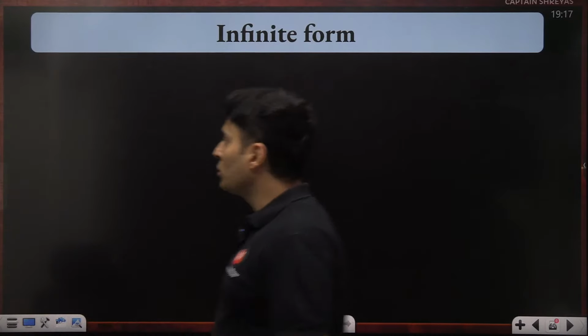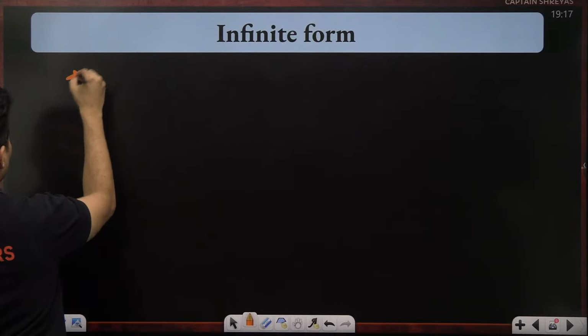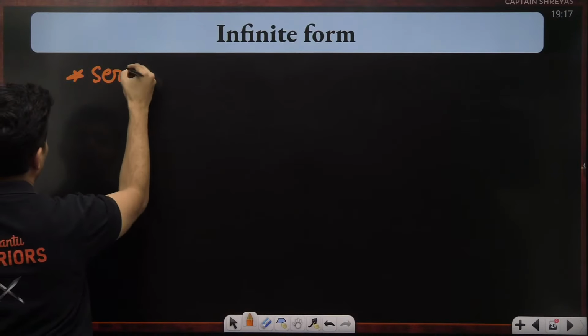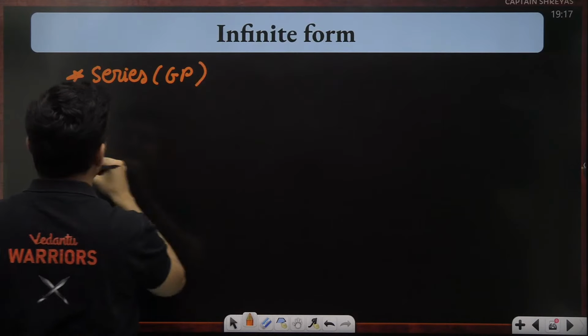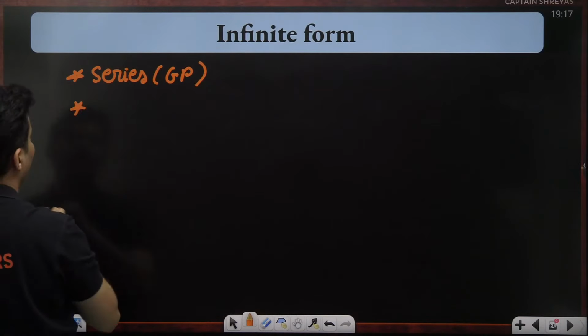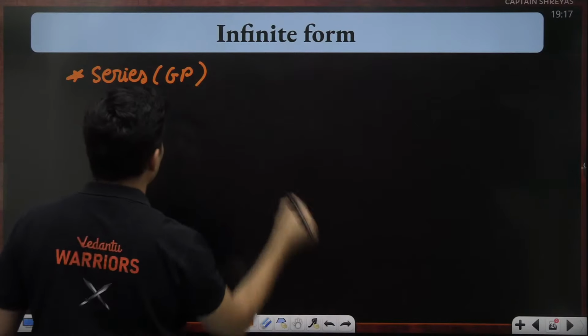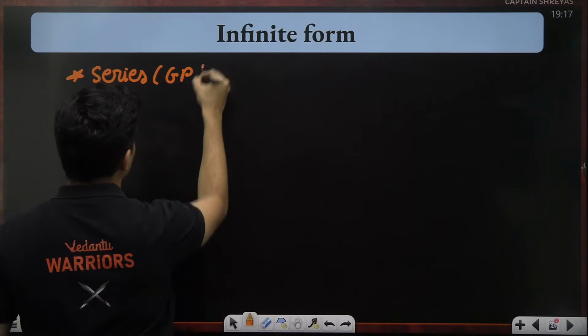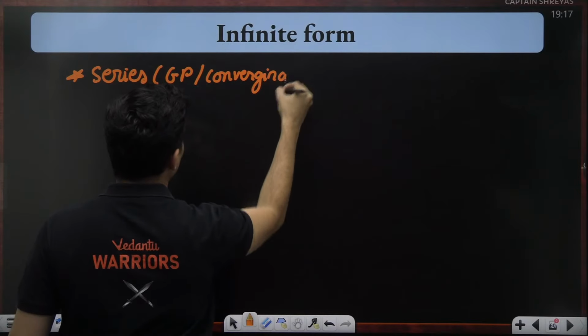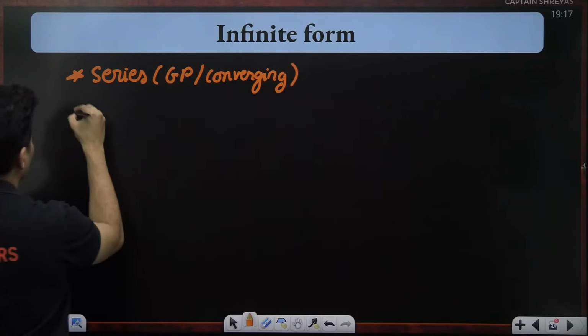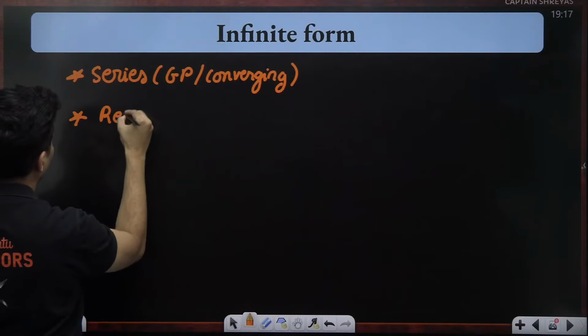Usually you might have a series kind of question, like a GP, or I would say a converging series. Sometimes you might have a repeating pattern.